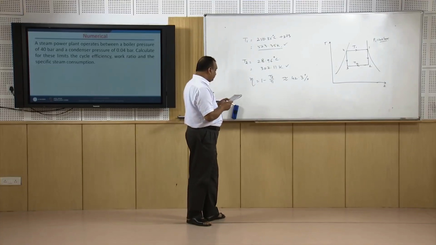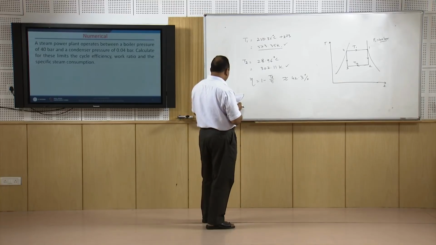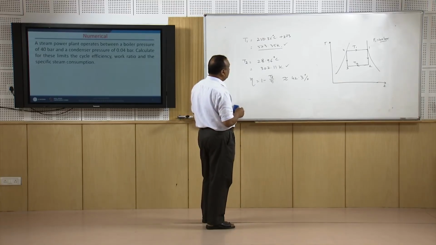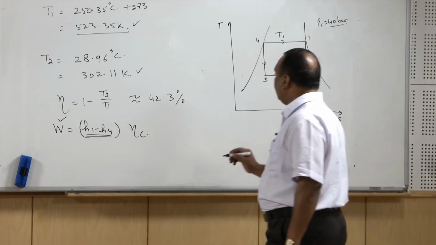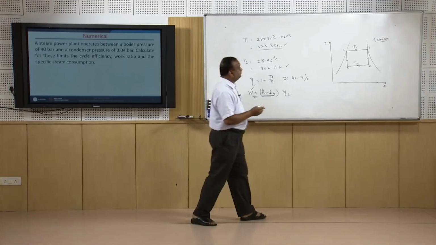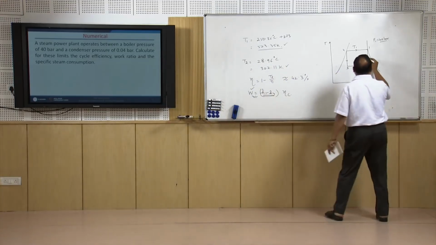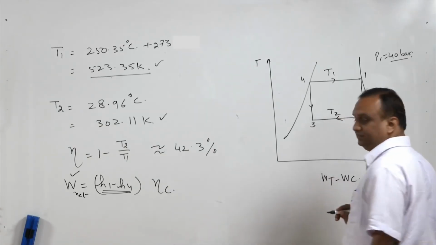Now, if I ask you to find the output of the turbine, now output of the turbine will be work. Now, this work is net work. So, this net work involves the work developed in the turbine minus work done in compression.